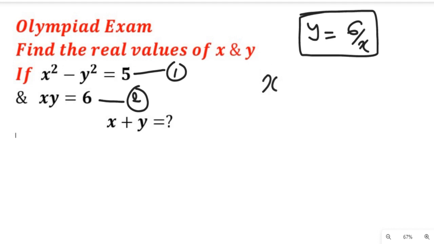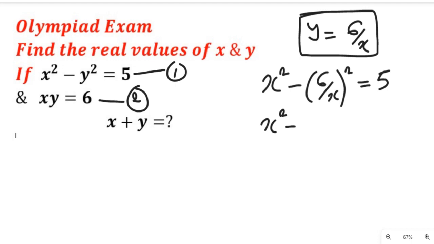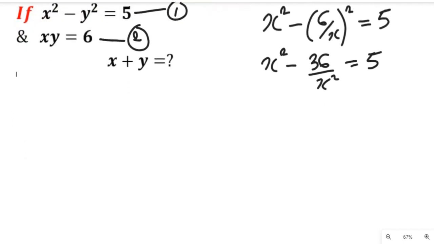So we'll have x squared minus (6 divided by x) all squared, and this will be equal to 5. If we simplify this, we are going to have x squared minus 36 divided by x squared equal to 5.